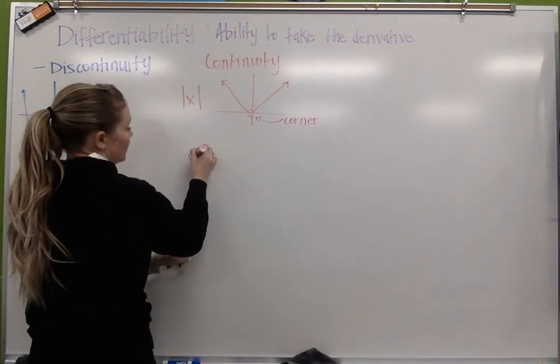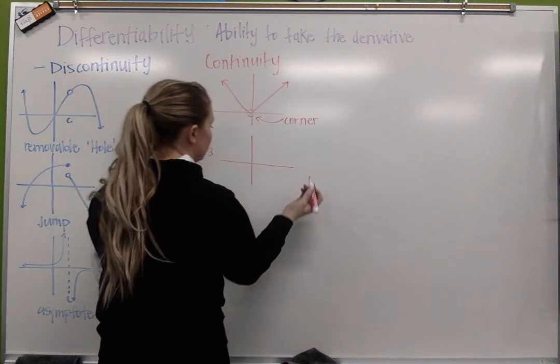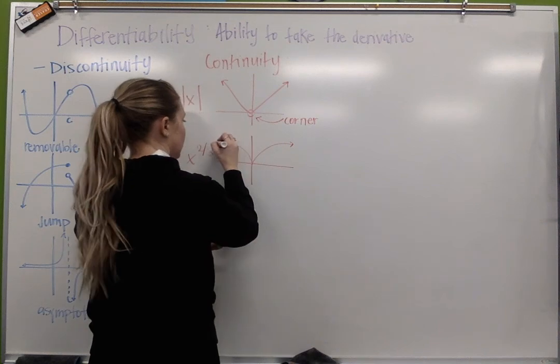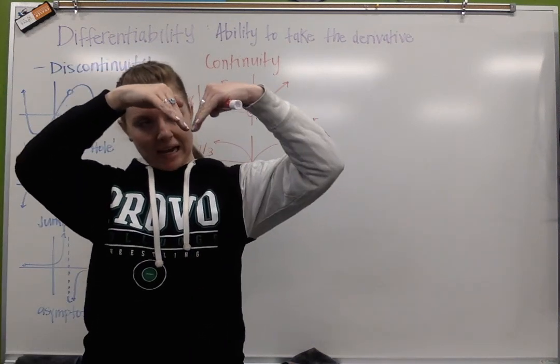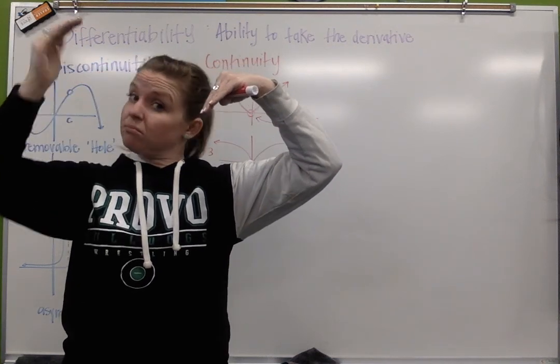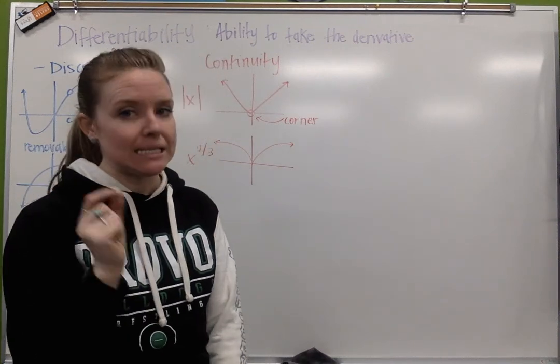Similar, if I look at x to the 2/3, that looks like this. We run into the same issue. Our left side and our right side, they have different slopes. So at that point, because my slopes are different, the derivative at that point doesn't exist.